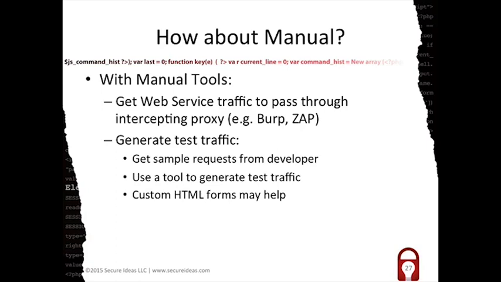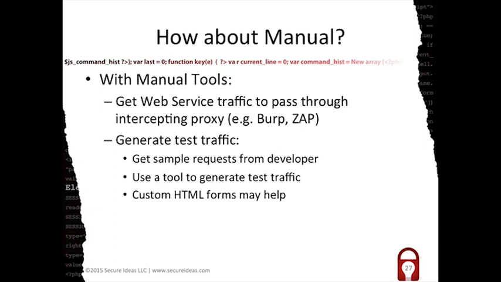That's Burp Suite from PortSwigger, and ZAP, the Zed Attack Proxy, from OWASP. Both do a pretty good job, and once you get one request in there, you can use that request as a template, resubmit it, make changes, and submit it again. They both have that capability.